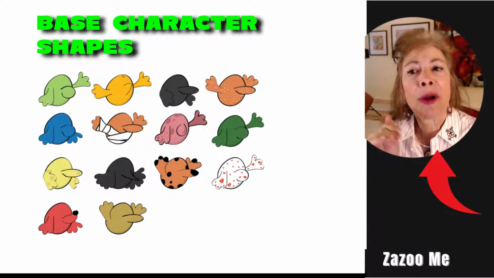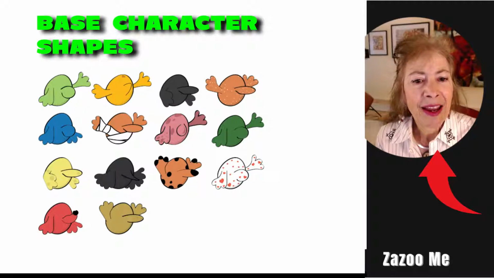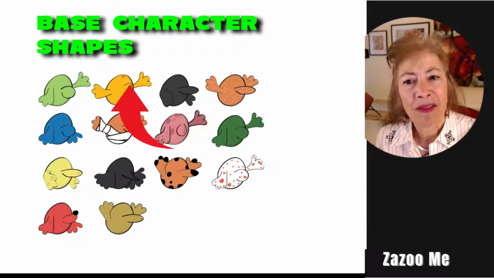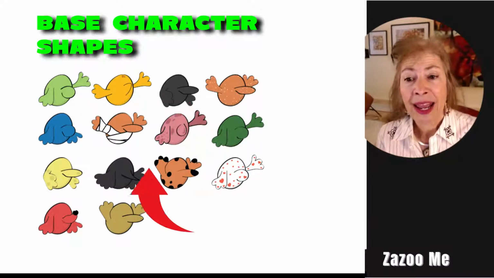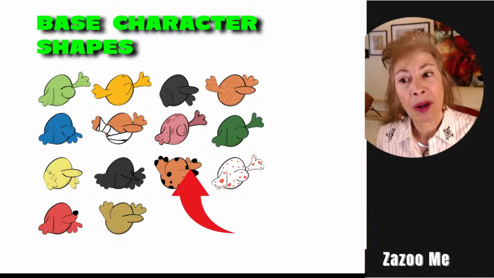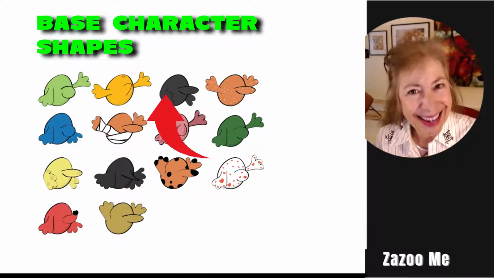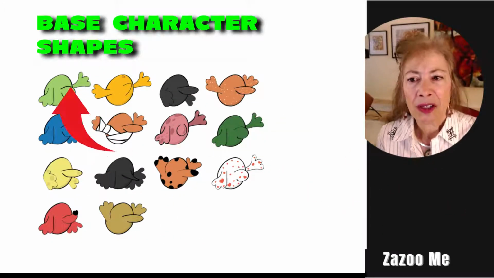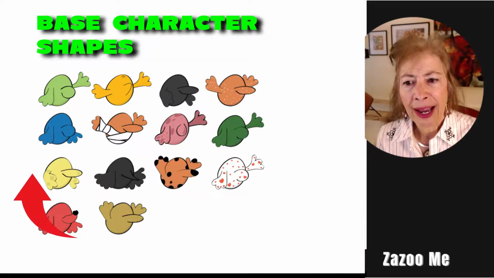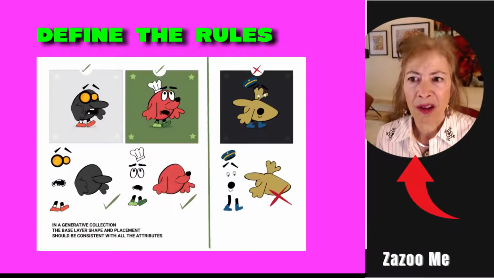Look at the different base character shapes that you can come up with. They can have, and in this case, it's flying arms or not, maybe an arm down. It can have both arms up, one down. So do you see how the base character shape can also be different? So here we've got 4, 8, 12. We have a number of base character shapes there.